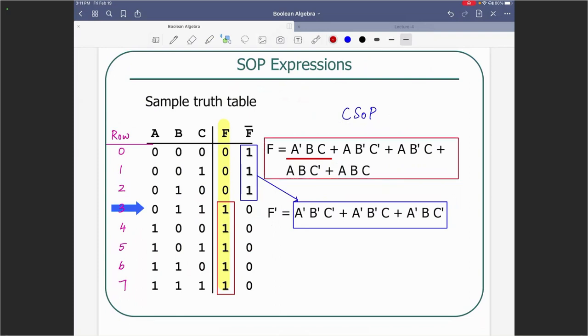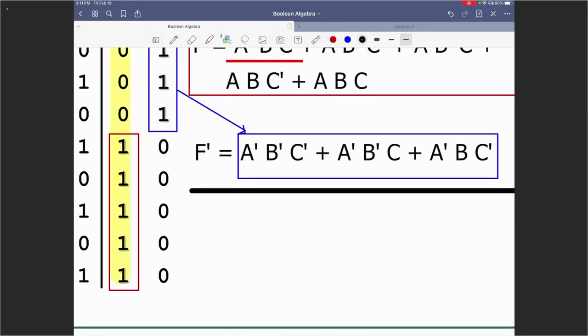Now I'll have a separator in the middle, and I'm going to write a shorthand.